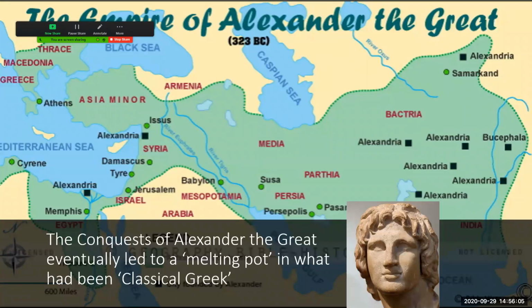The short answer to this question is that the conquest of Alexander the Great, whose name will be well known to the South Asian students who are watching this video, went almost to the border of India where he was when he died.